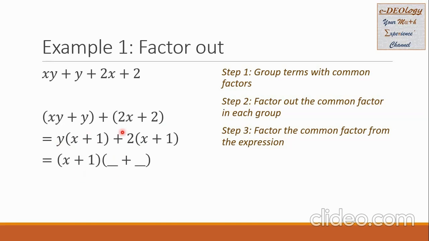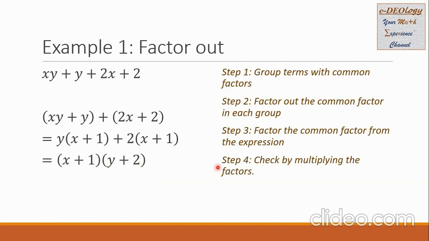Since we have 2 big groups, the second factor should be a binomial also. So I'm going to collect all the terms that will remain after removing the common factor from each group. So in here, it is y, and then plus the 2.